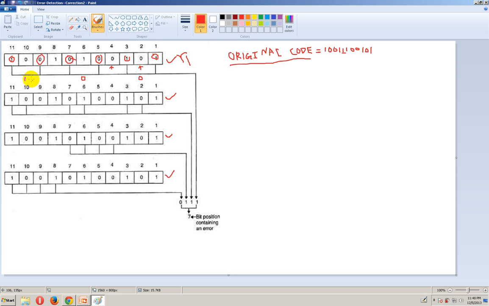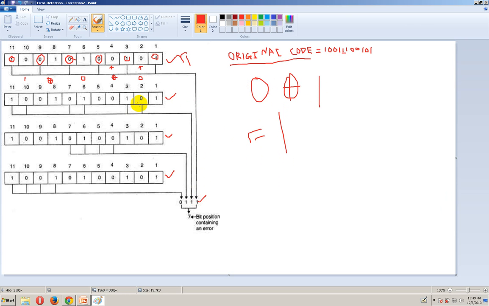So again we get 1 1 0 0, right? So this 0 and this 0 we get 0, then exclusive or with this one, so 0 1. We already know that 0 exclusive or 1 is 1. That's why we get 1 here. You see, this position we get 1.